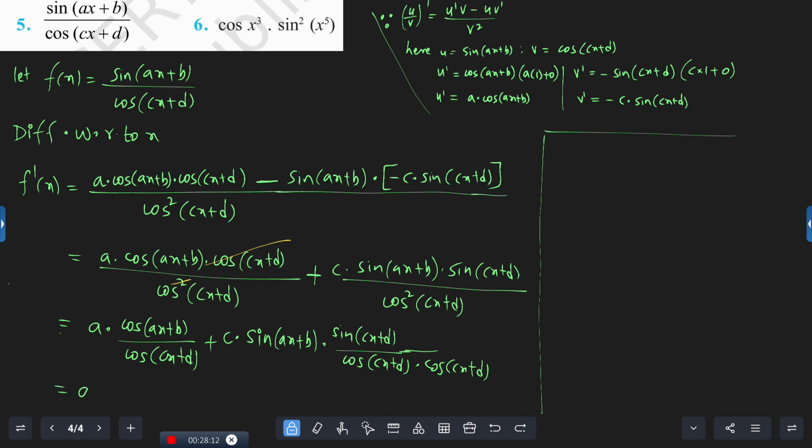So a into cos of ax plus b into secant of cx plus d, you can write like this, plus c into sine of ax plus b into tan of cx plus d, sine by cos, into 1 by cos, which is secant of cx plus d.